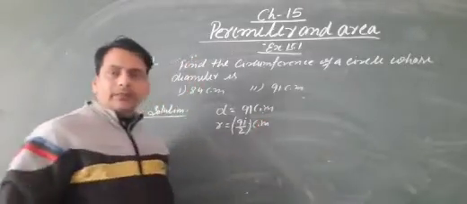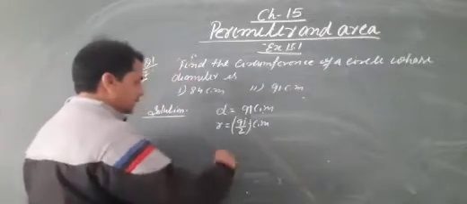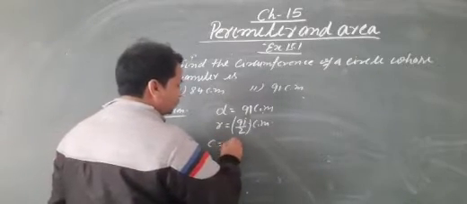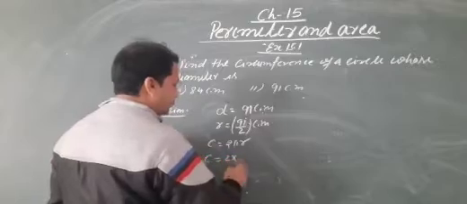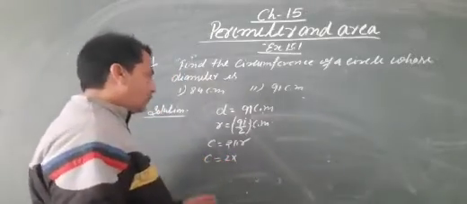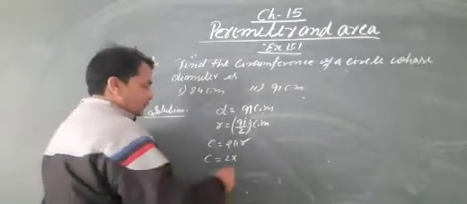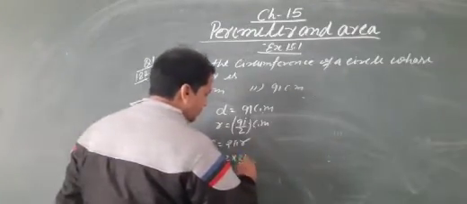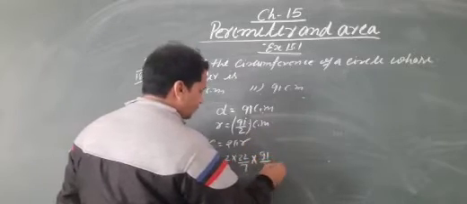And we know that the circumference of the circle is 2 pi r. Then C equal to 2 pi r, that is 2 into, and the value of pi is 22 by 7, then 22 by 7 into 91 by 2.